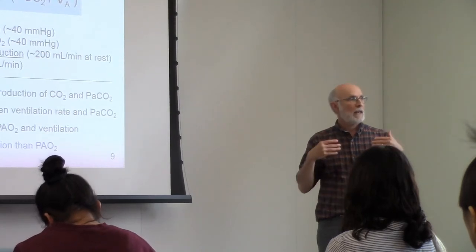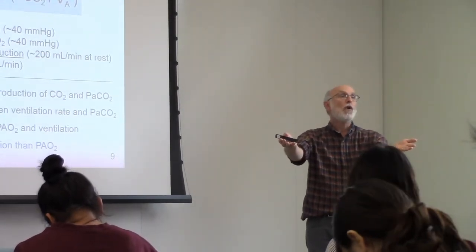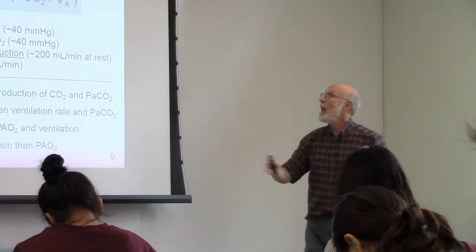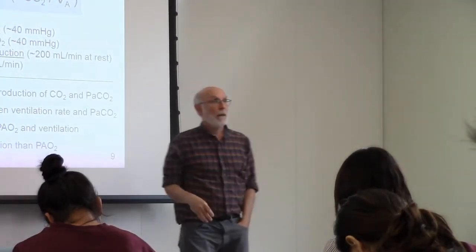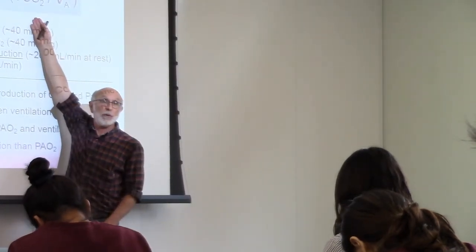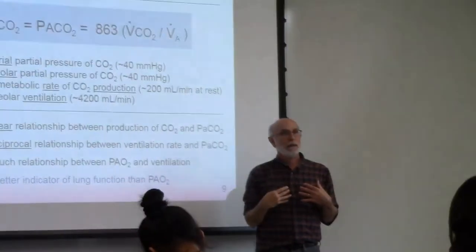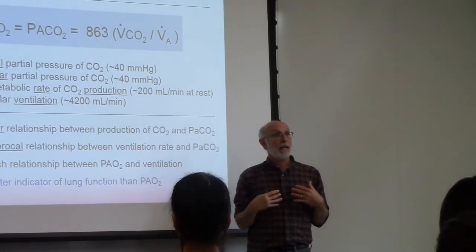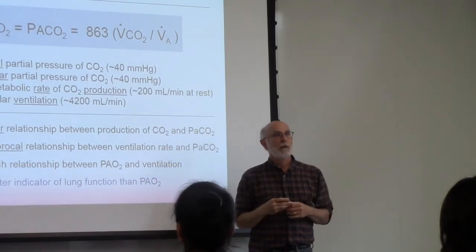By hyperventilating, you are excreting more CO2 than you need to, and the partial pressure of CO2 in the blood goes down. That's assuming that you're not producing more CO2 than you are. So let's pretend I'm at rest, and I hyperventilate, I'm blowing off CO2.